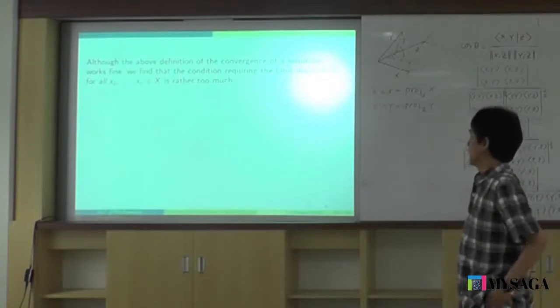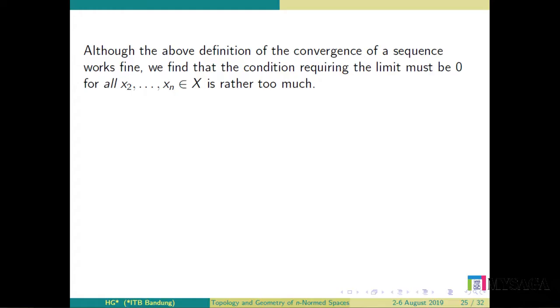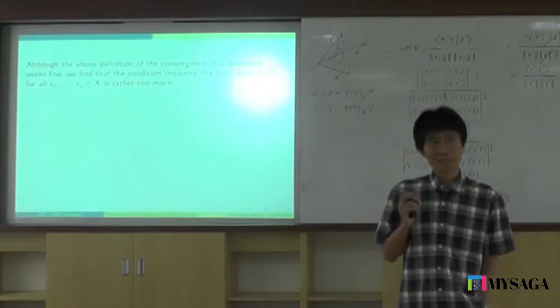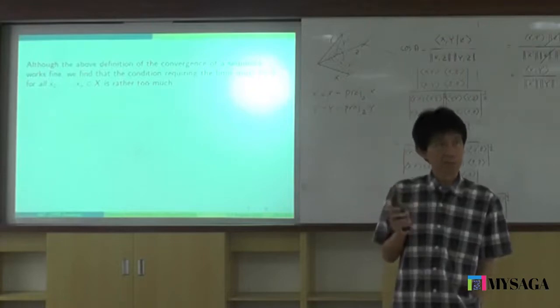Although the previous definition of the convergence of a sequence works fine, we find that the condition requiring the limit to be 0 for all, I put the word all in italic, for all vectors x2 up to xn is rather too much. I use the phrase testing vectors.